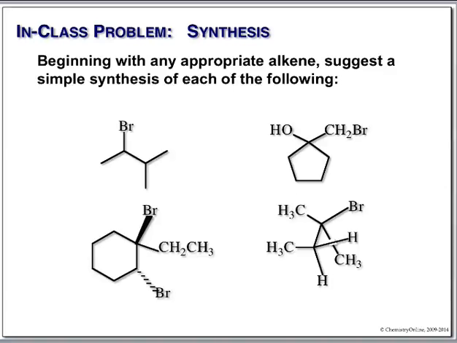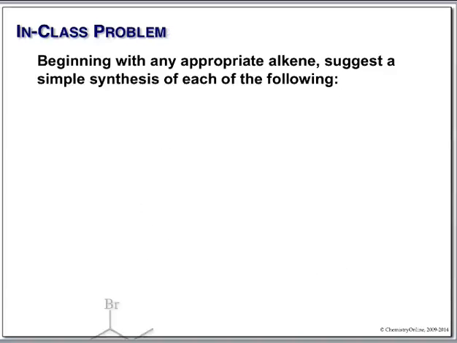The way you do this is you look at your target molecule and you ask yourself questions. You say, what kind of molecule is it? How do I know to make that kind of molecule? What do I need as a starting material to do that? All right. Let's start off with this guy.